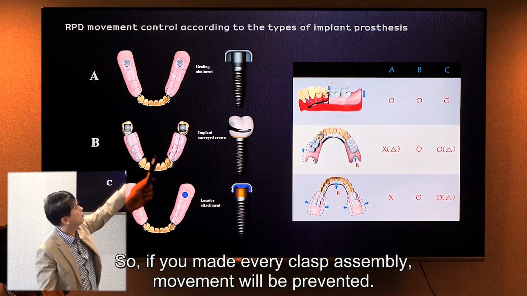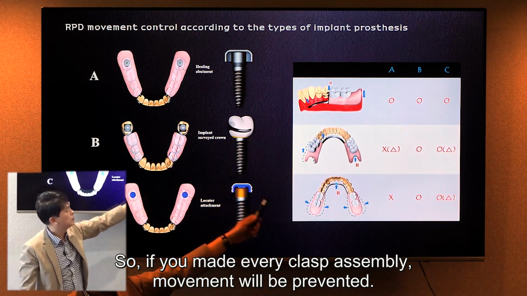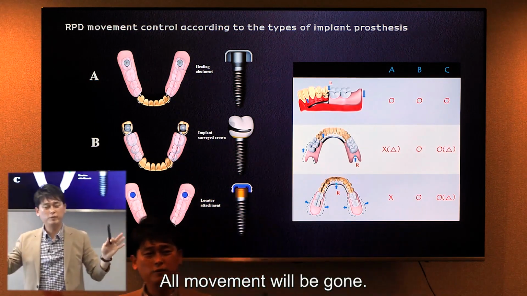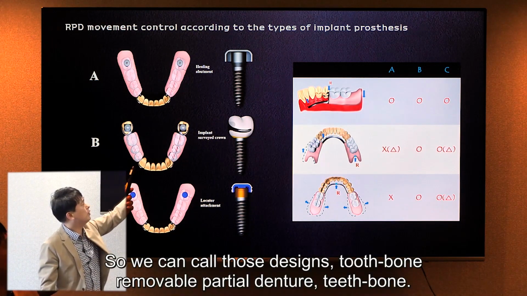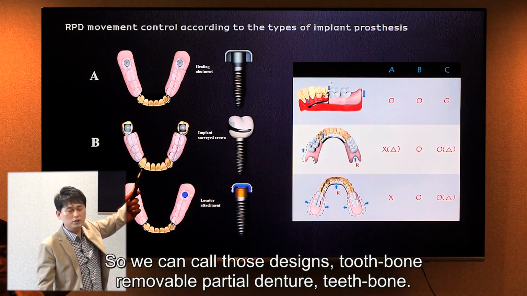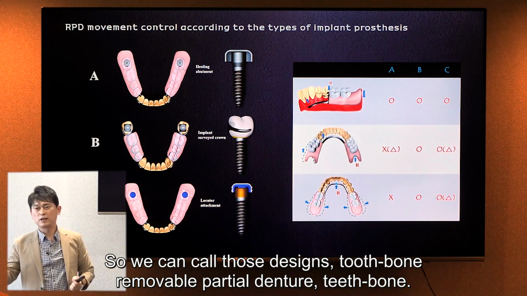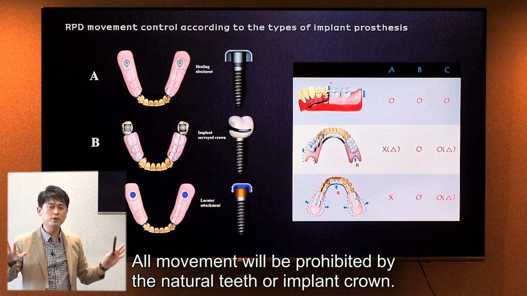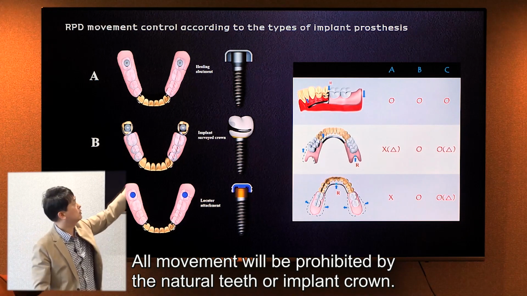So if you make the complete clasp assembly, the movement will be prevented. Every movement will disappear. So we can design it like a tooth-borne removable partial denture. There is no movement. Every movement will be prohibited by the natural teeth or implant crown.